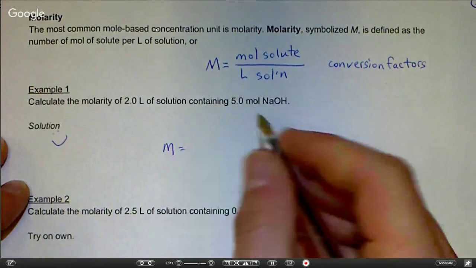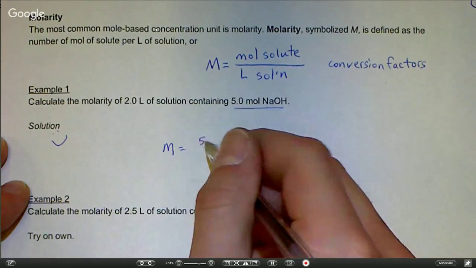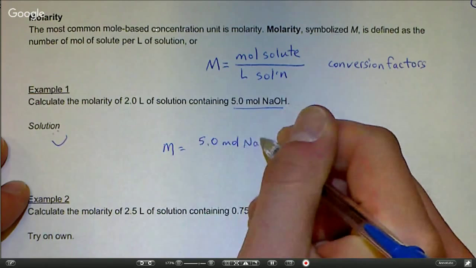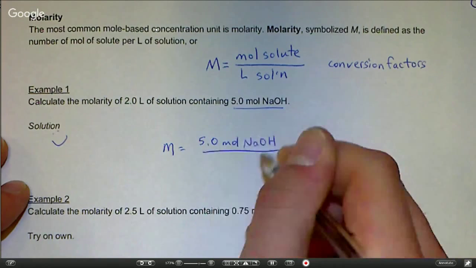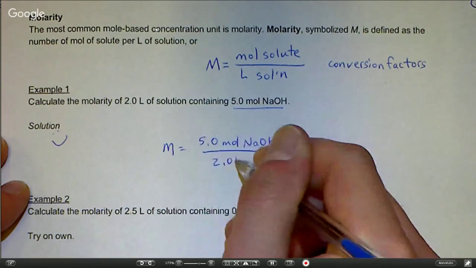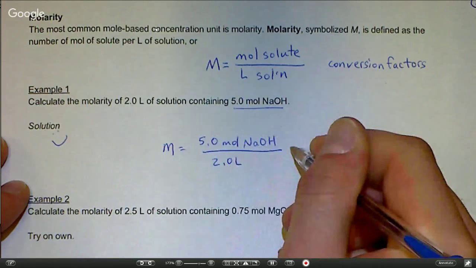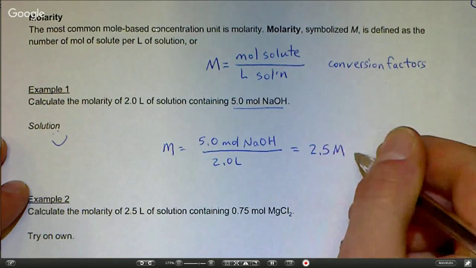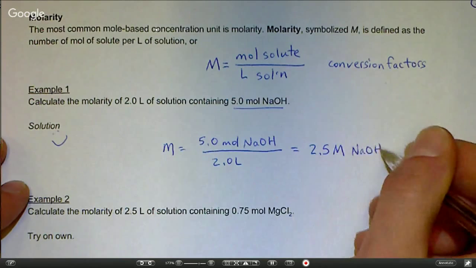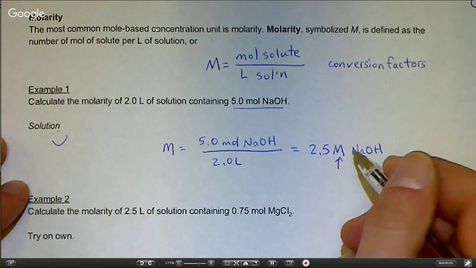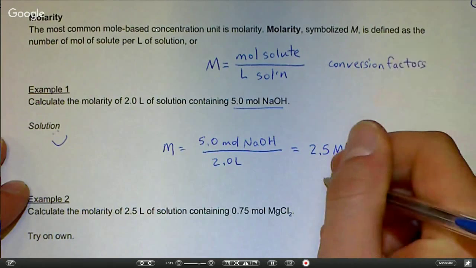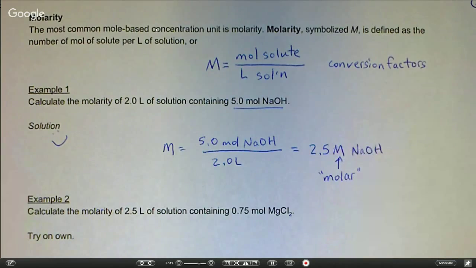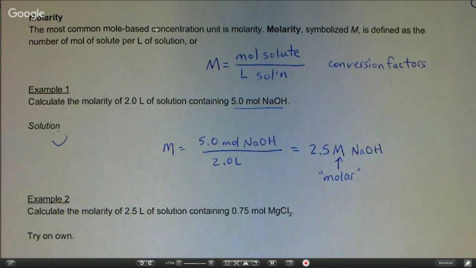The moles is right there, the 5.0 moles of NaOH, divided by the volume, which is 2 liters of solution. And when we do the calculation, we get 2.5 molar sodium hydroxide. This molarity is read as molar, so we'd read it as 2.5 molar sodium hydroxide.